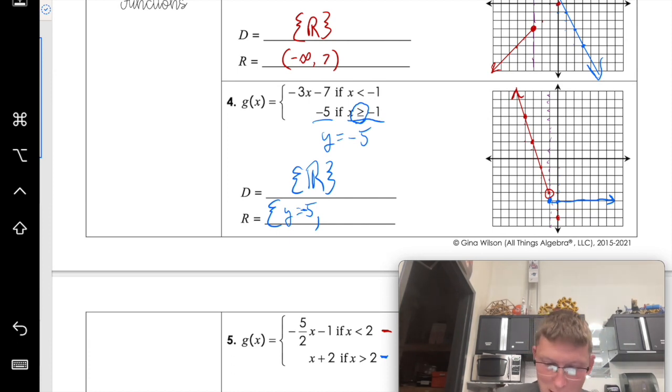Then we have to deal with the red line. The red line starts at negative 4 but does not include negative 4. So if I were to write that as an interval, I could write negative 4 to positive infinity. Now remember, the parenthesis means that value is not included.